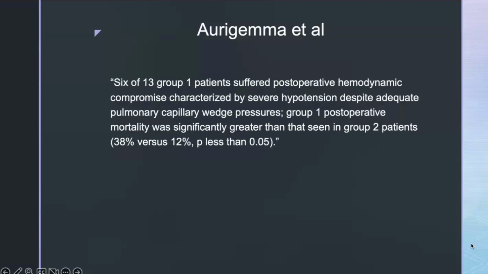And what they did is they looked to see what happened to these patients. And 6 of these 13 patients suffered postoperative hemodynamic compromise characterized by severe hypotension despite adequate pulmonary capillary wedge pressure.